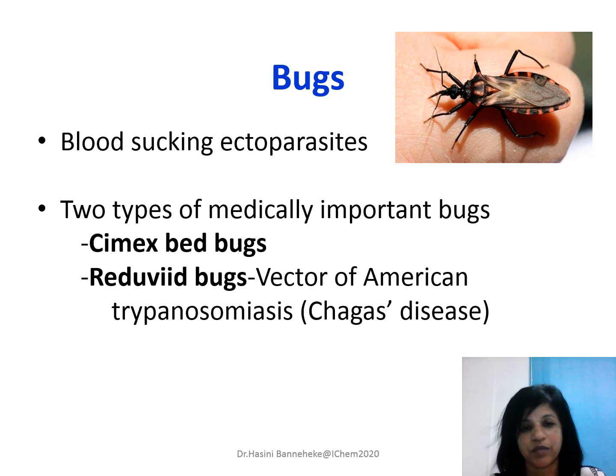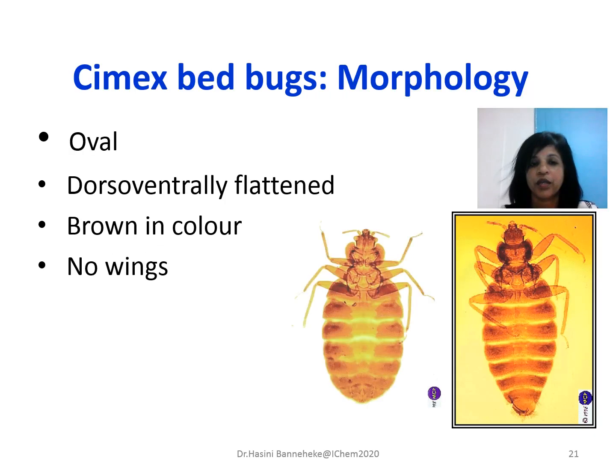The previous picture was of the Ukuna. And the other one is this reduviid bug, which is shown here in this picture, which transmits the disease called American trypanosomiasis, also called Chagas disease. The reduviid bug is the vector of American trypanosomiasis. Luckily in Sri Lanka we don't have this disease, so we are not going to talk about the reduviid bug anymore, because we are talking only about the Cimex bed bug.